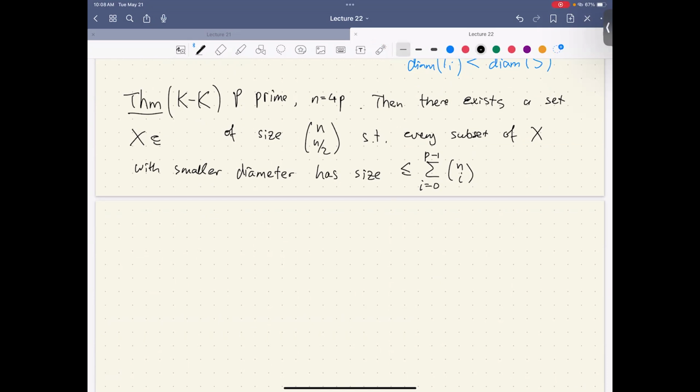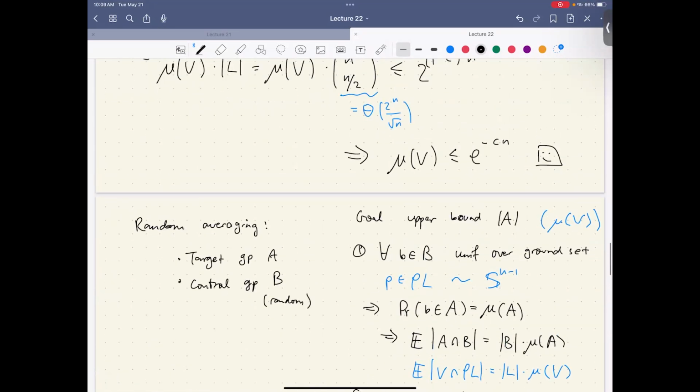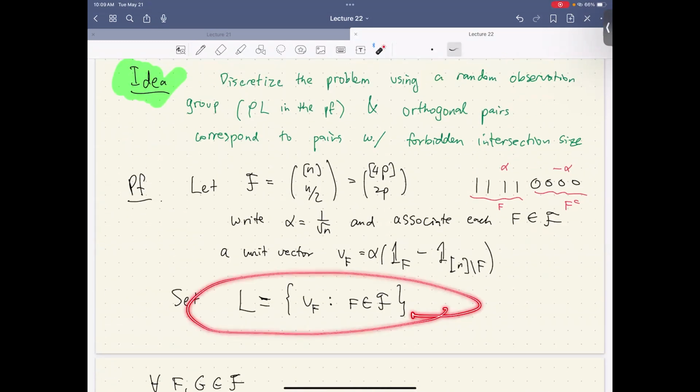The idea is, we want to construct the set, which is the set X here, where the orthogonal pairs... So we've seen already, the hint is that we've seen in this proof that we can construct a set of unit vectors of size n choose n over 2.